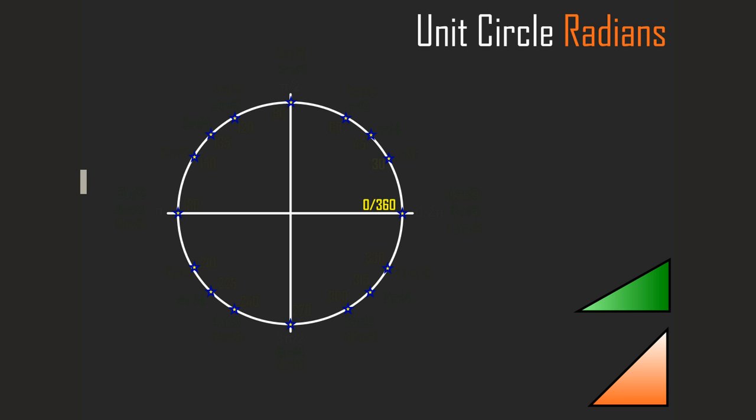Our next spot we've put down was 30, and that came from, if you remember, we put this 30, 60, 90 triangle in our unit circle that had a radius, or I guess it is a hypotenuse, of 1. And so all the radii of all the unit circle triangles here that we used have a measure of 1.